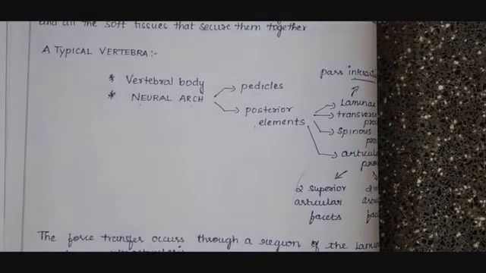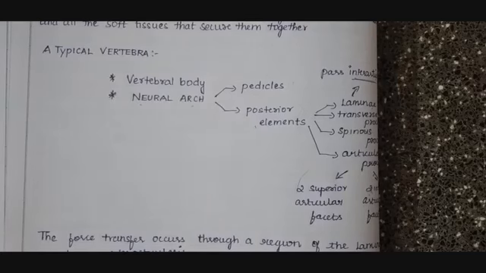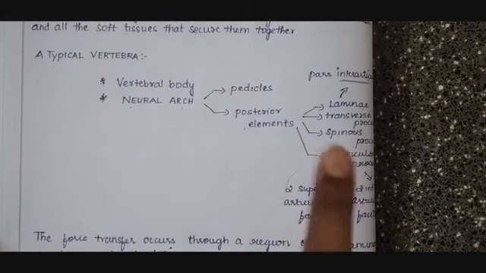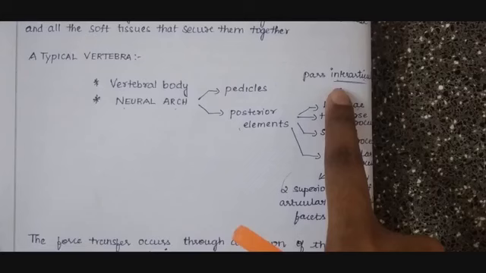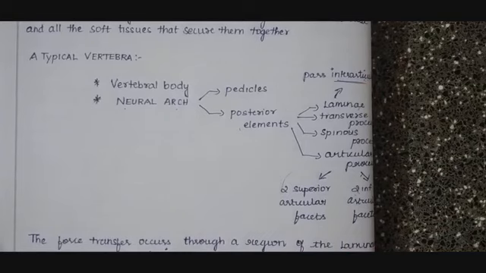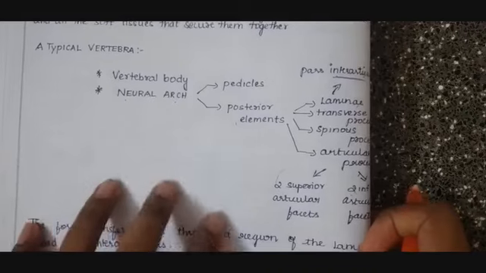There is a specific region in the laminae that takes part in this force transfer, and that region is referred to as the pars interarticularis. As the name suggests, this structure is present between the two articular processes.